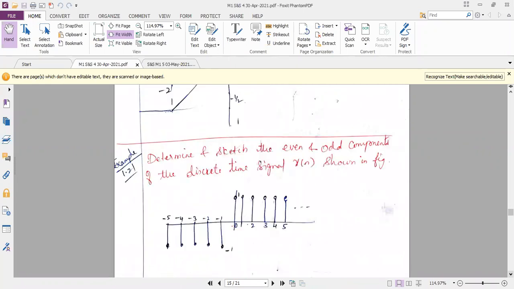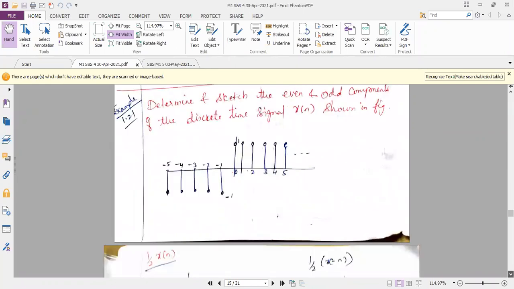So far we have seen only how to sketch the even and odd components for the continuous time signal. Now we are going to sketch them for the discrete time signal. Doing the diagram for a discrete time signal is very easy compared to the continuous time signal, because the continuous time signal is continuous, so we should analyze the continuity between the 2 diagrams and add them.